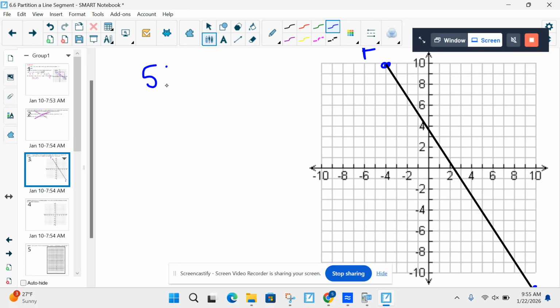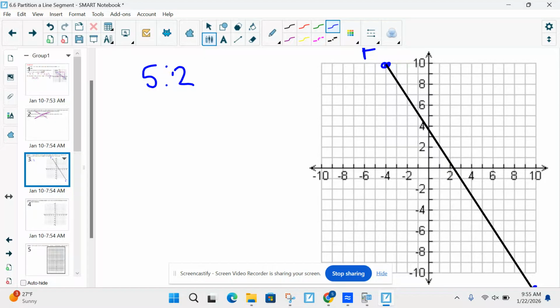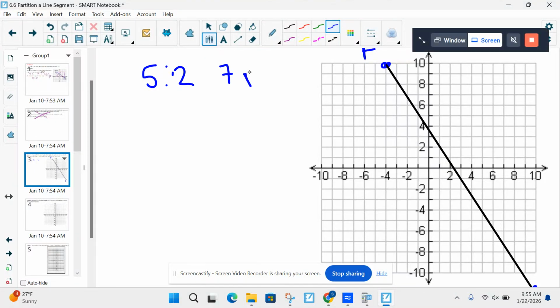Okay, so if the ratio is 5 to 2, I meant 5 to 2, but that means that there are 7 parts. Okay, so we're going to make the same triangle.